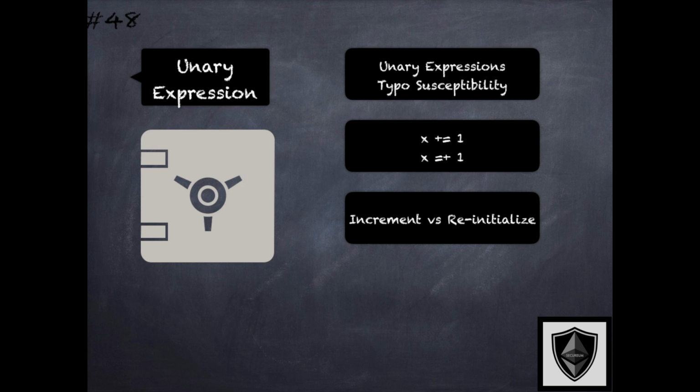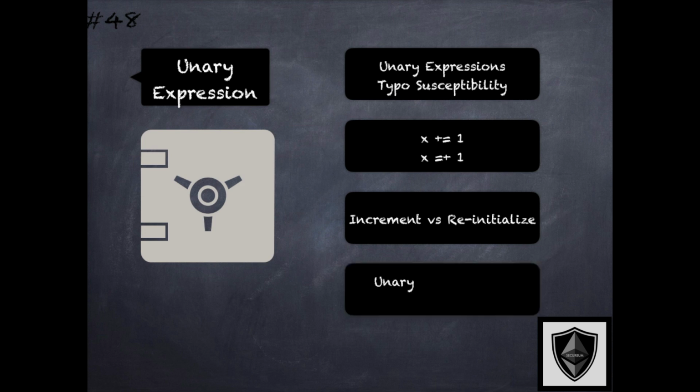It's very easy to make these, switching the order, and if they are considered as valid by the compiler, then it's very hard to notice such errors both by the developer as well as by the security auditor. So in order to prevent some of the most common usages that result in such typographical errors, the Unary Plus was deprecated as of Solidity compiler version 0.5.0.